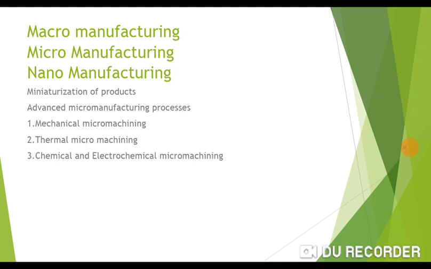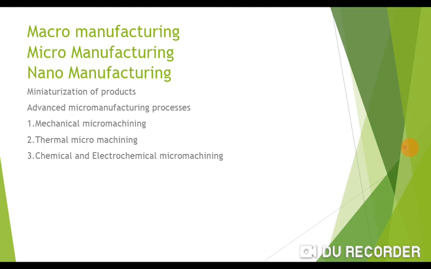Well, all the advanced micromachining processes are used for micromachining by reducing the process parameters. The advanced micromachining processes we can further classify into mechanical micromachining, then thermal micromachining, and then chemical and electrochemical micromachining.